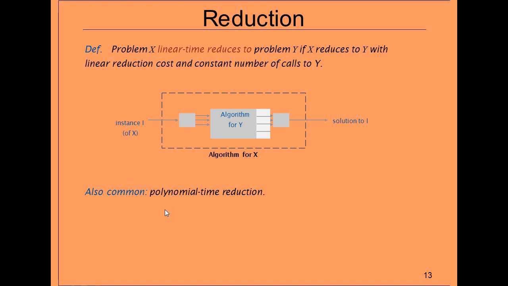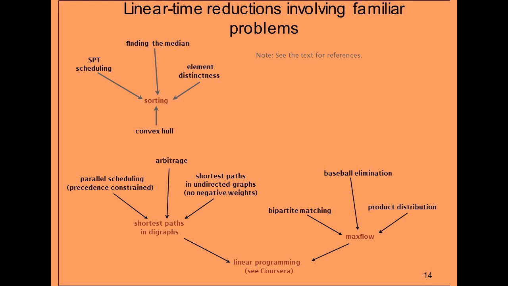So polynomial time reduction will be the reduction where you require polynomial time to reduce from one problem to another problem. Now this is a simple example tree which is showing the linear time reduction.